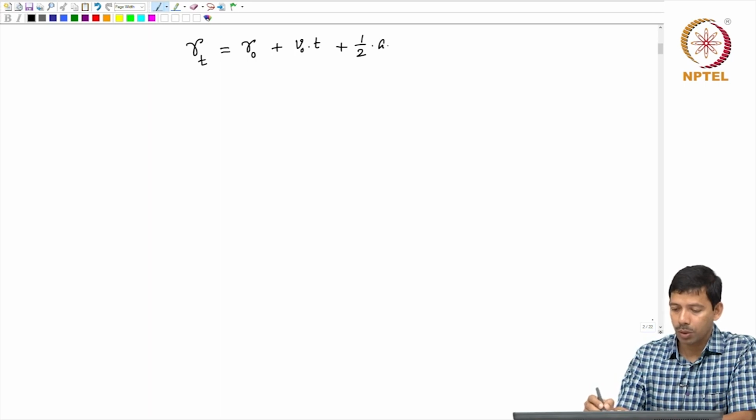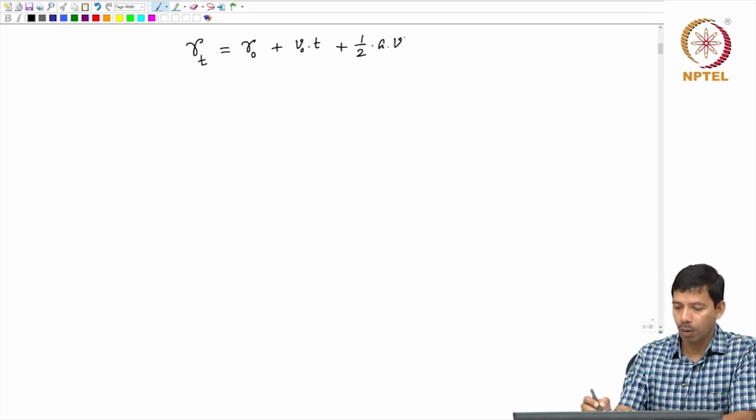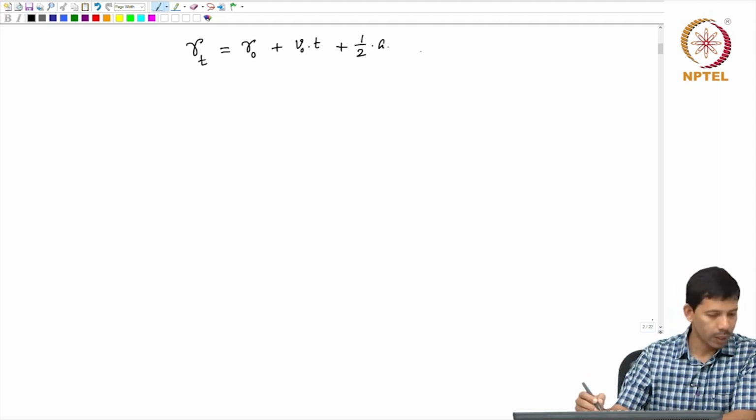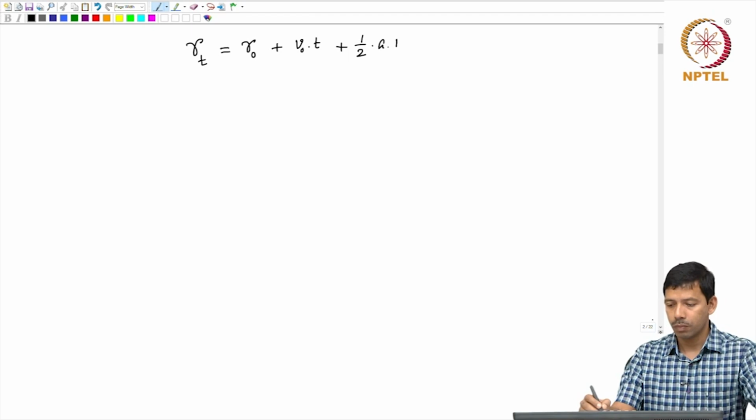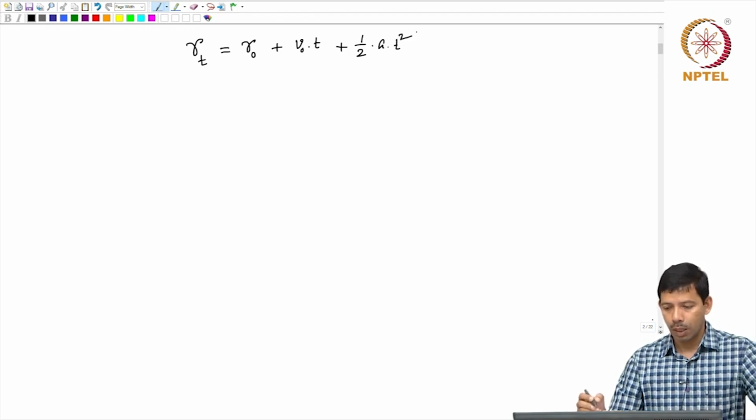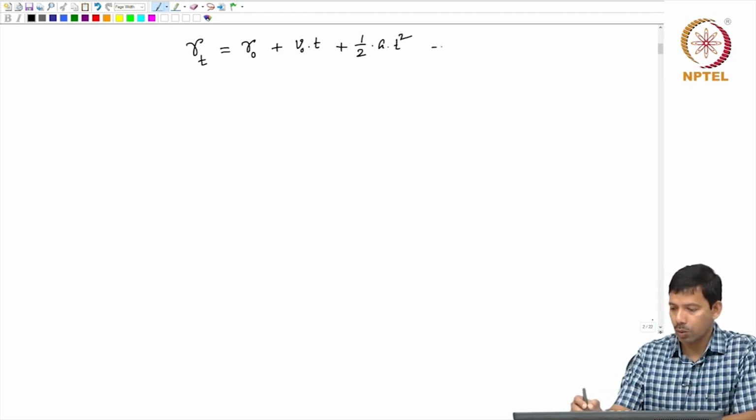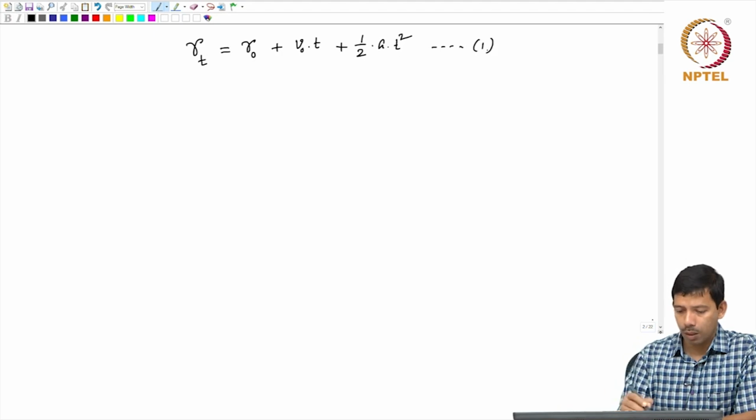and then we had half a t square. So this was equation number 1, and we had the other expression, A is equal to minus 1 by m del u del r. That's my equation number 2.